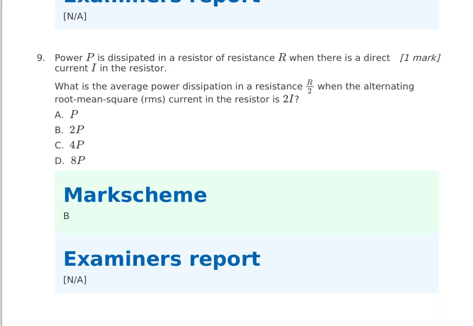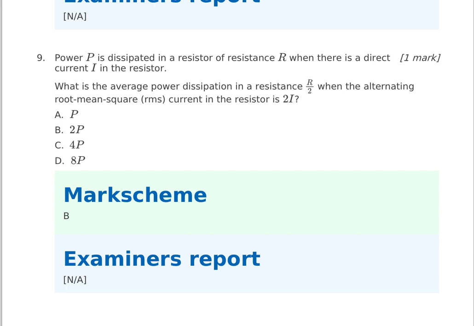All right, so power P is dissipated in a resistor R when there's current I in a resistor for direct current. What's the average power dissipation in a resistance of half that value when the alternating root mean square RMS current is 2I? So we don't need to really make any adjustments because the RMS current is in line with average power.